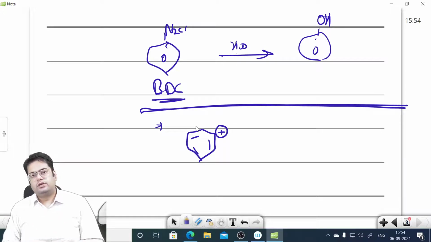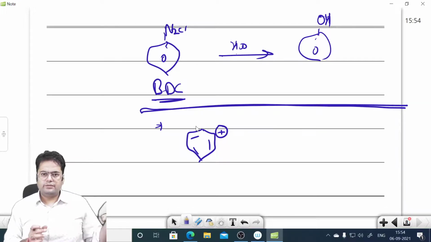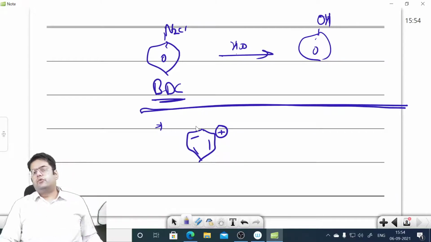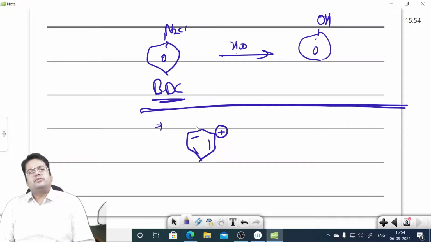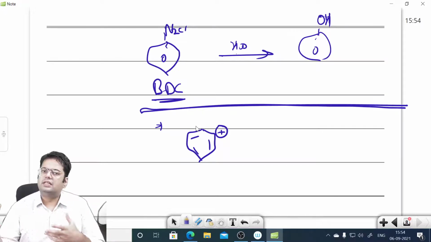Then there will be a positive charge on the benzene ring. Now, what is the possibility? Like I explained earlier, if you want to break a relationship, either you have to quit or the other person will leave you. In normal circumstances, the more stable one is going to leave the other person.